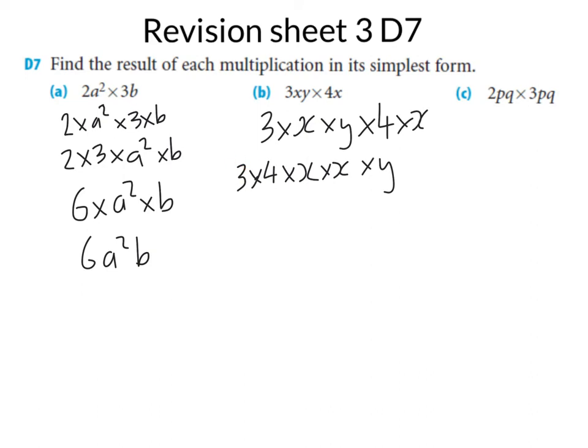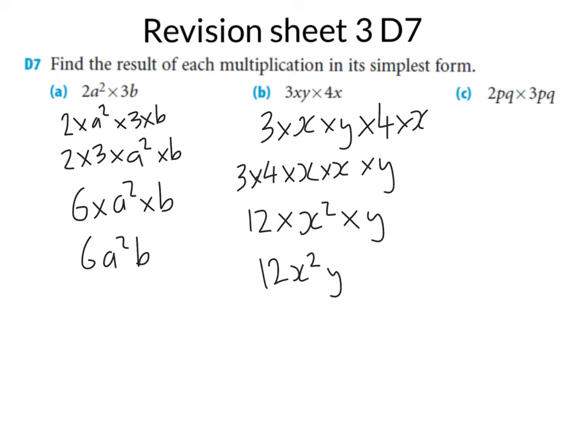So the 3 and the 4 you can multiply together to give you 12. Now x and x, they are the same. So x times x, a quicker way to write that would be x squared. And then at the end you've got a y. And again, when you've got the multiplied sign, you can drop that. If the terms are together, it will mean that they are multiplied together.